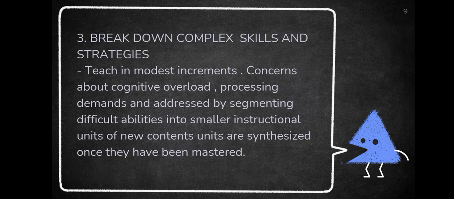You would break the content apart into smaller units, teach them individually, and then once the smaller units are taught, you would review the entire unit with all the content together for them to be able to understand the topic easily. Next is the fourth one, design, organize, and focus lessons.